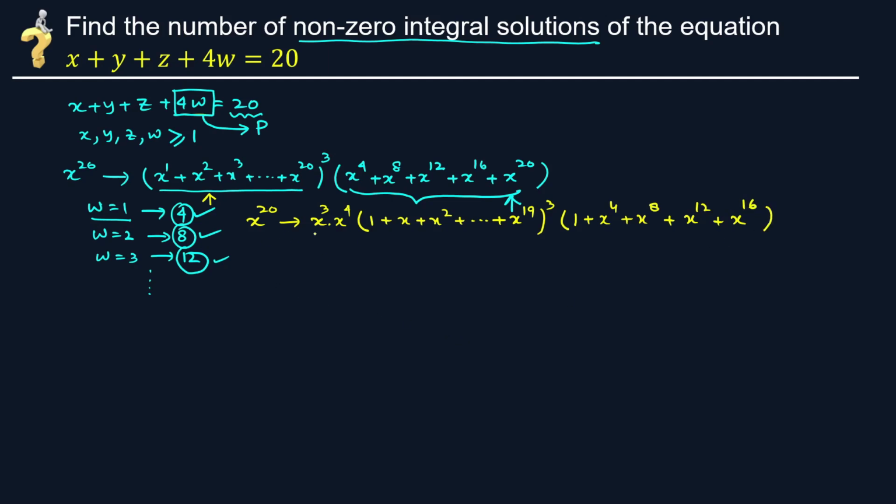Okay? So from here we are getting x to the power 7. So we have to find the coefficient of x to the power 20, but we already have x to the power 7. So actually we need to find the coefficient of x to the power 13 in the expansion of this one. Am I correct or not? Please confirm.